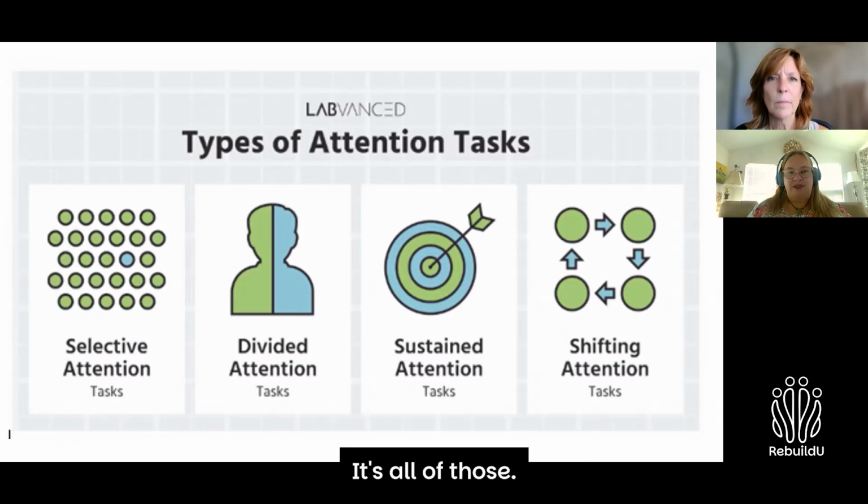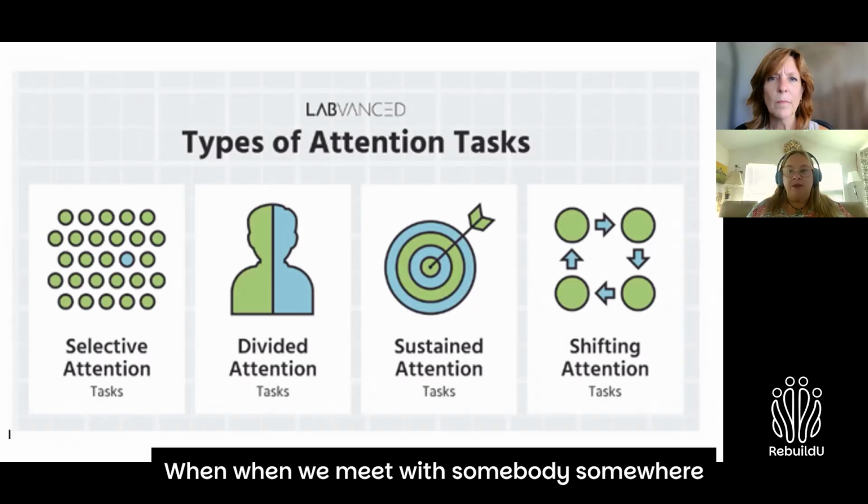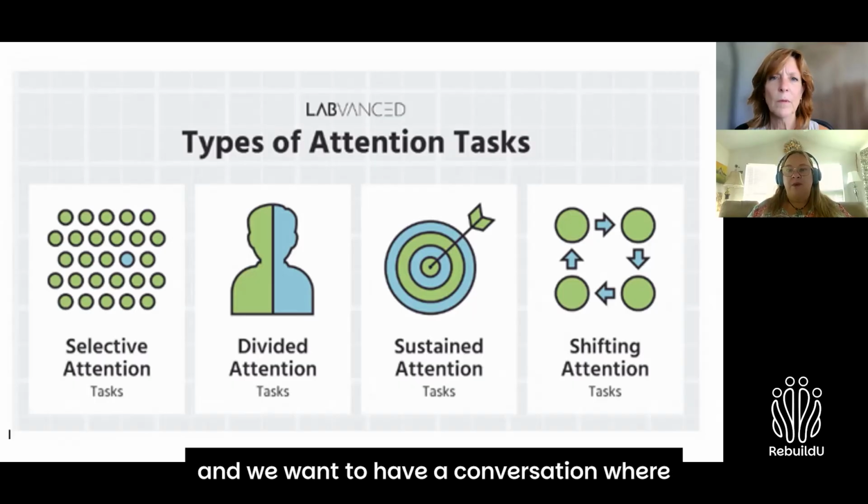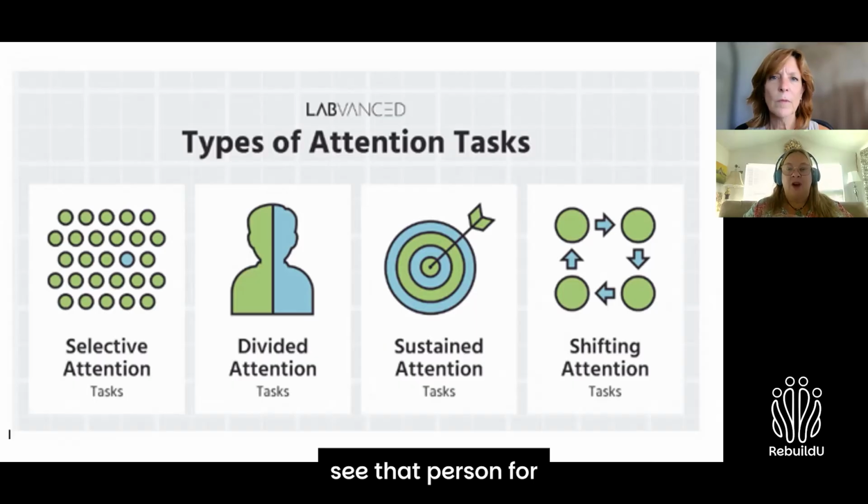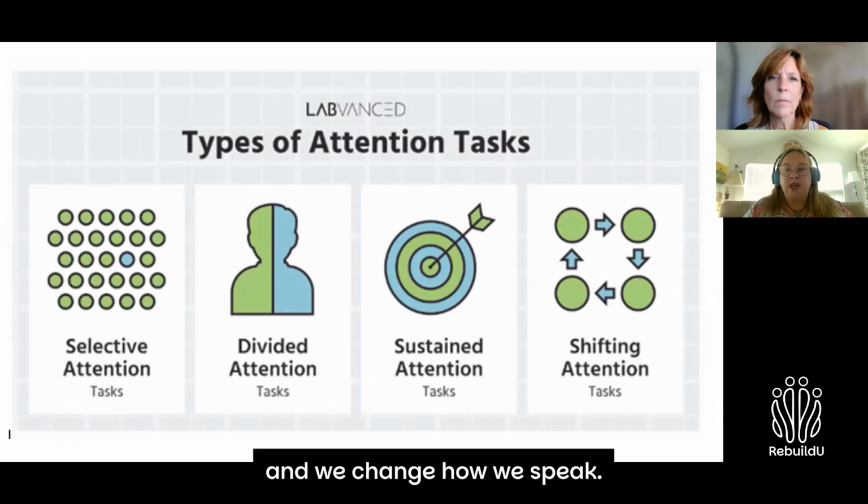It's all of those. But yeah, when we meet with somebody somewhere and we want to have a conversation, we're focusing on that person. So our eyes see that person, our eyes see their facial expression, and we change how we speak.